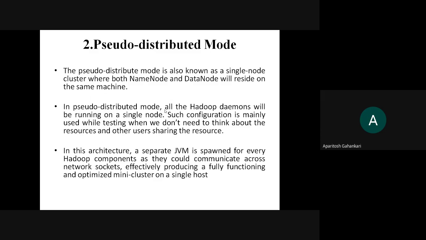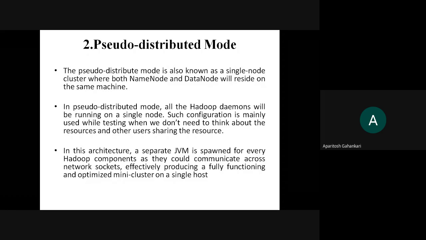The second one is the pseudo distributed mode. Okay, so this mode is also known as a single node cluster, where both the name node and the data node reside on the same machine. That means as you have a server, wherein 127.0.0.1 or localhost is a server wherein you have the client and server on the same machine.